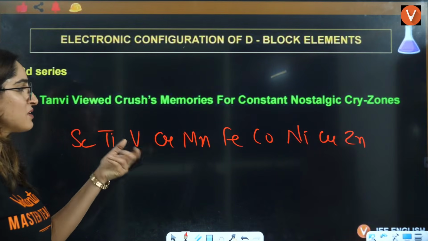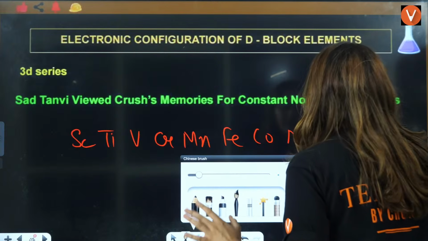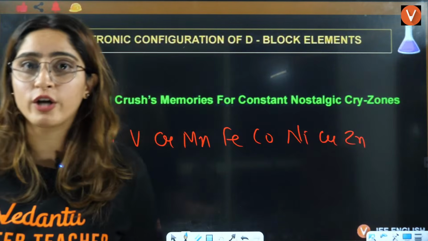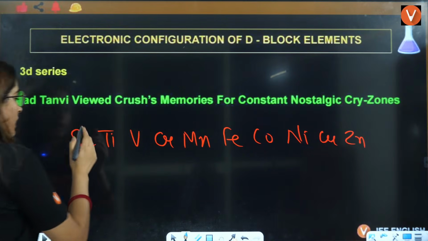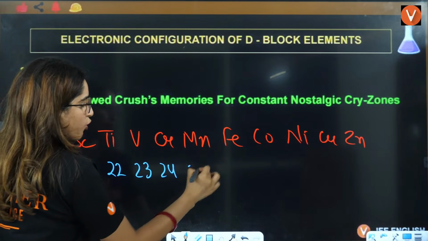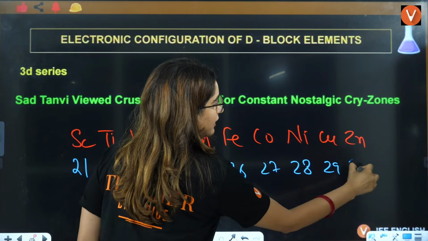You can remember this another way also, whatever you like. But this series should be on your tips. This is 21, 22, 23, 24, 25, 26, 27, 28, 29, 30.